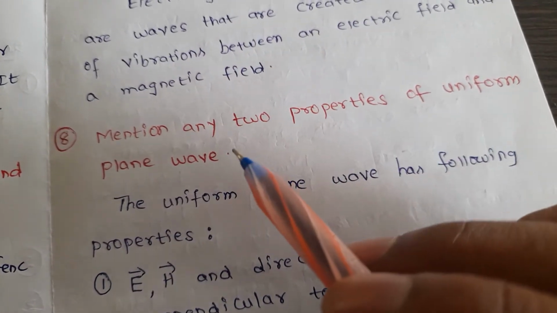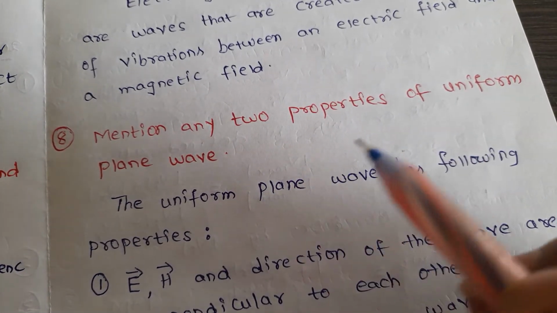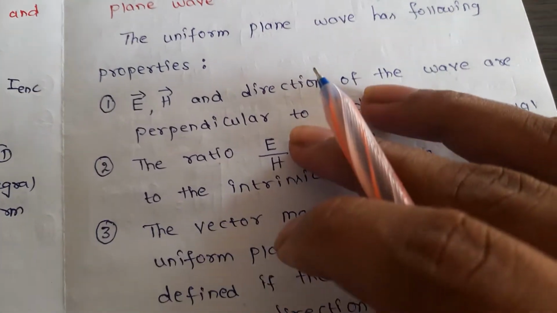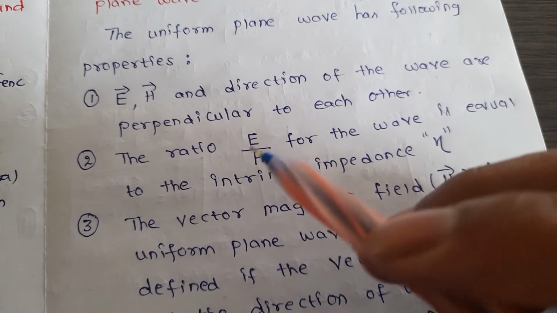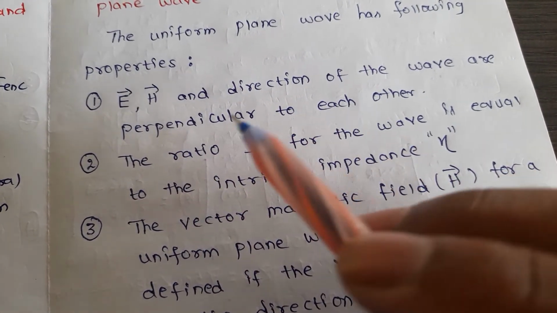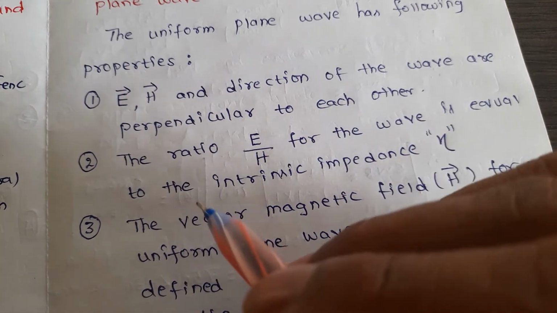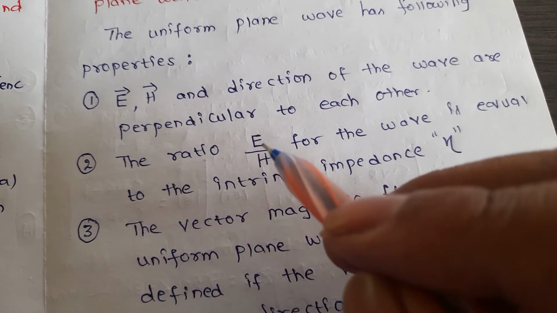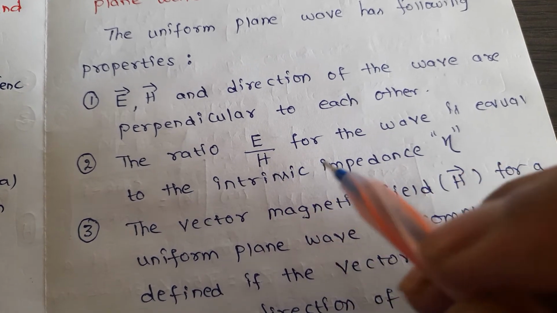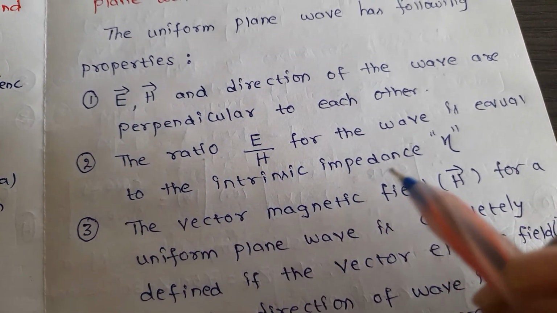Now coming back, mention any two properties of a uniform plane wave, very important. I am going to mention three properties here, but in the examination you can write only two. We know that the electric field, the magnetic field and the direction of the wave are perpendicular to each other. The ratio of the magnitude of the electric field and the magnitude of the magnetic field for the wave is equal to the intrinsic impedance.